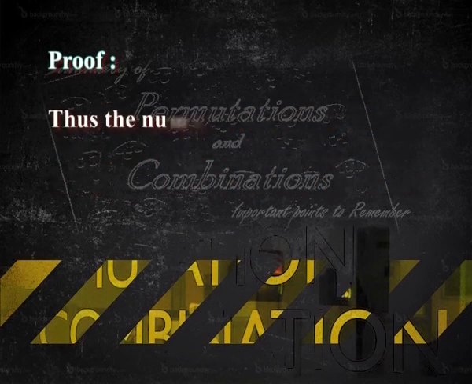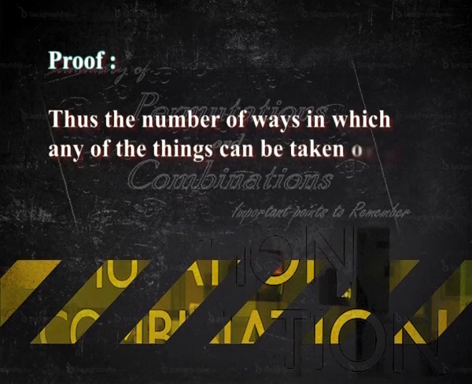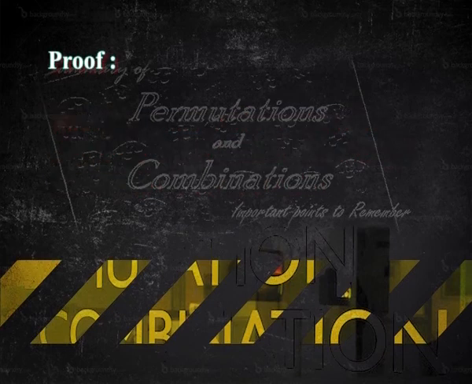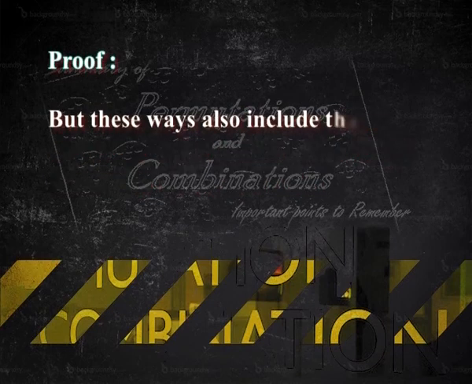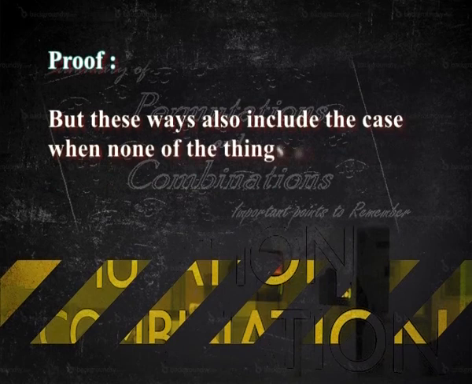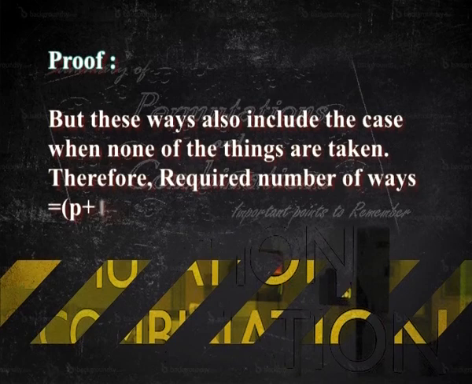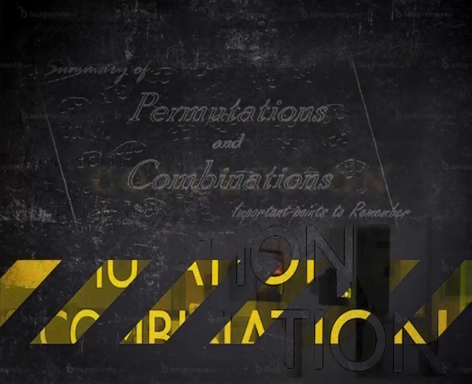Thus, the number of ways in which any of the things can be taken or not taken is given by p plus 1 into q plus 1 into r plus 1, and so on. But these ways also include the case when none of the things are taken. Therefore, the required number of ways will be p plus 1 into q plus 1 into r plus 1, and so on, minus 1.